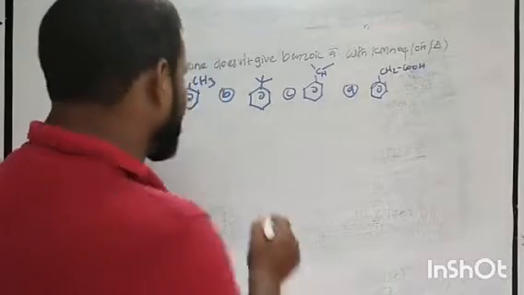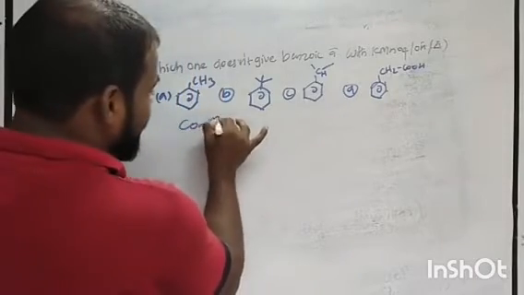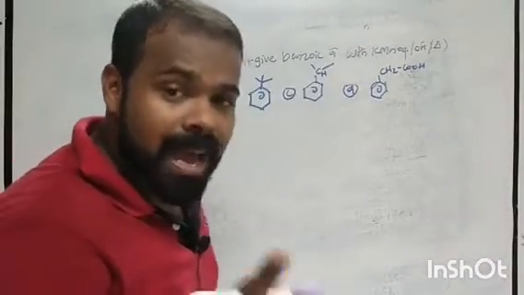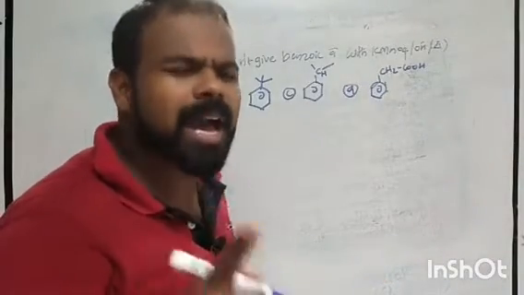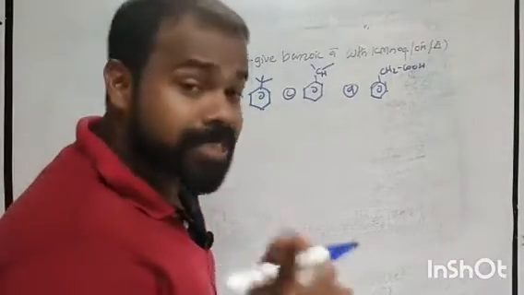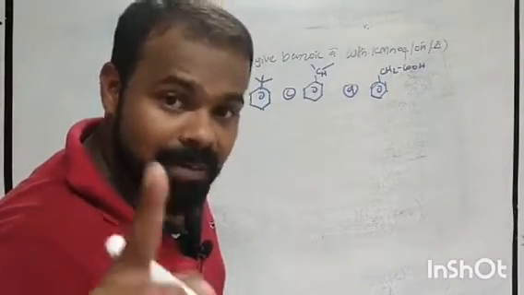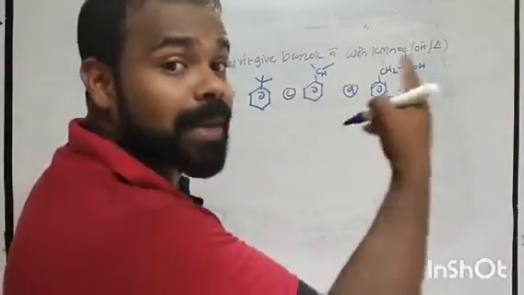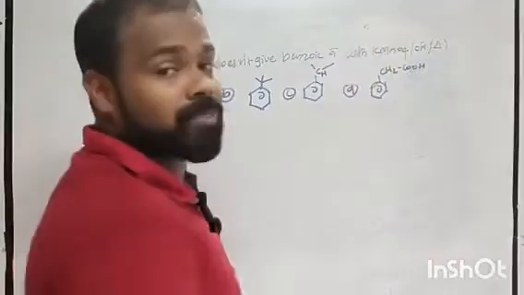One condition there. Listen here. What is the condition? The carbon attached to the benzene ring should have at least one hydrogen atom. If the benzene ring attached carbon has a hydrogen atom, surely it will be converted to benzoic acid with KMnO4.